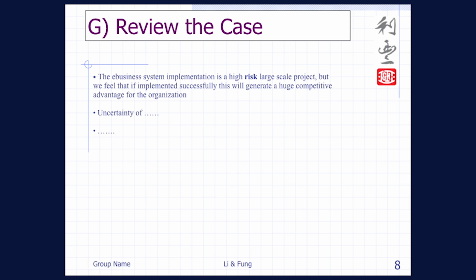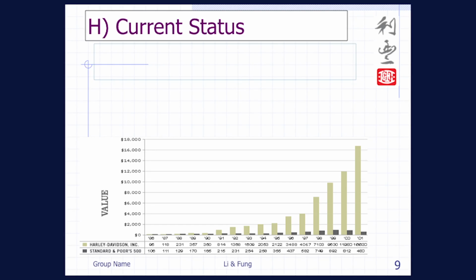Note that the bottom line is, if you cannot measure your solution against some standard, why implement the solution at all? Finally, provide an update of the company discussed in the case concerning the current status of the company.